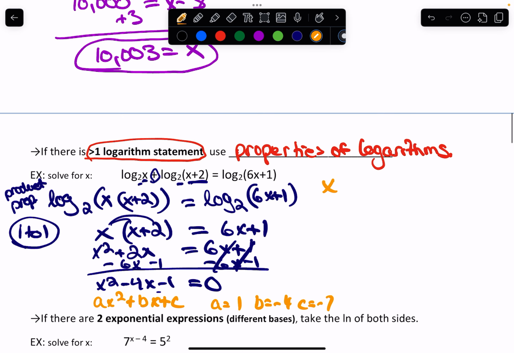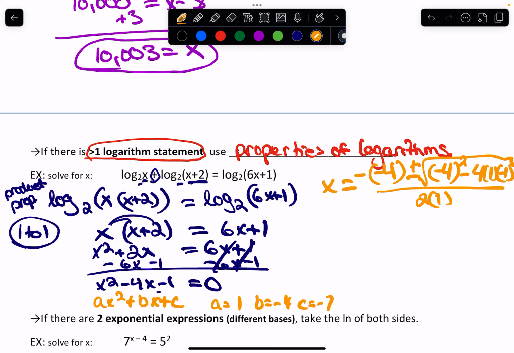The quadratic formula is negative b, which in this case is negative 4, plus minus the square root of b squared minus 4 times a times c, and then 2 divided by a.